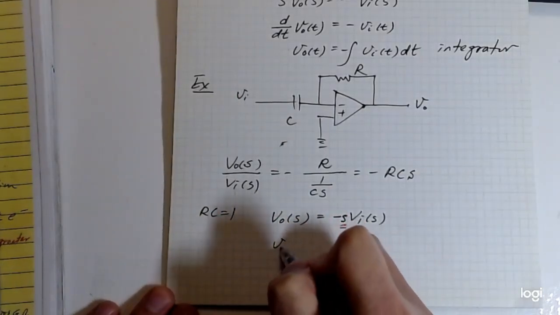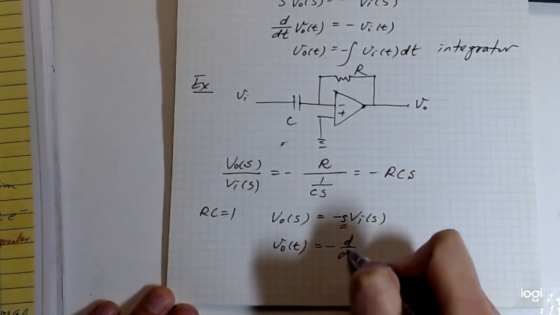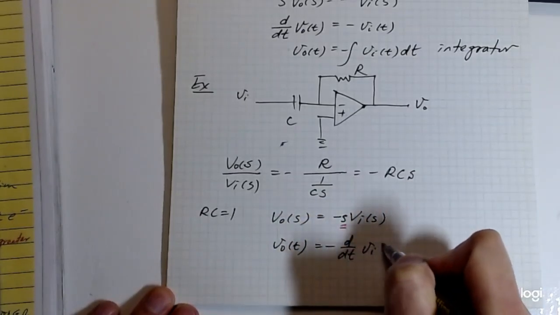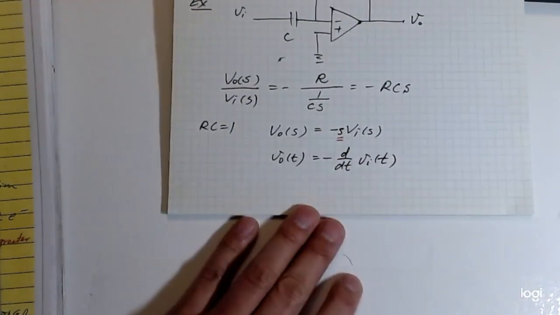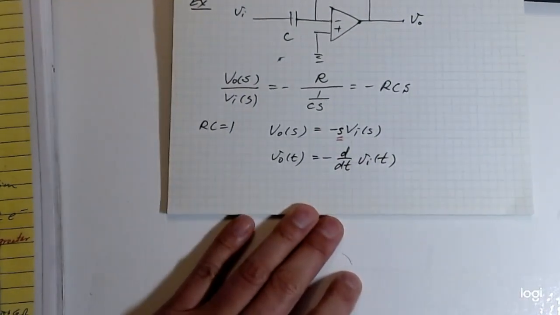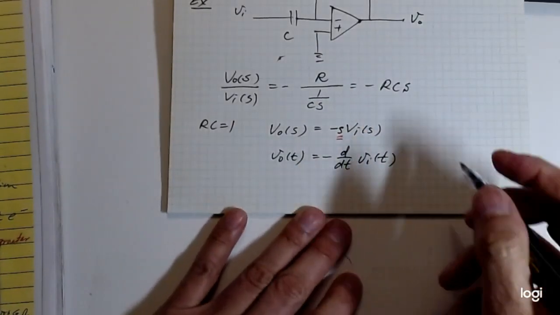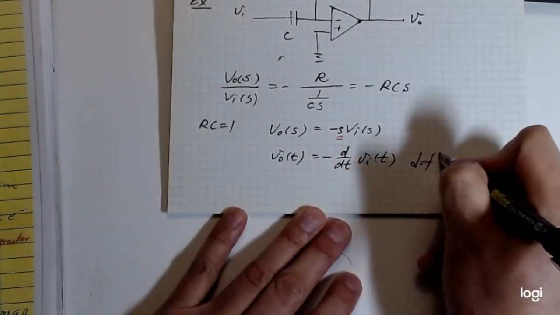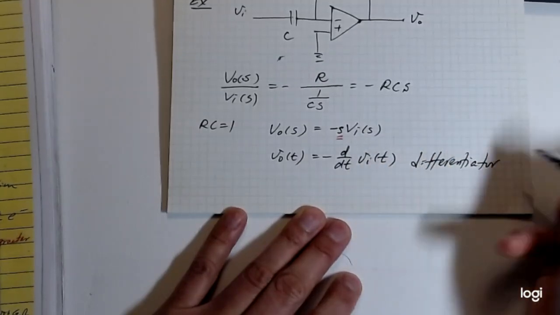So VO of t will be minus d/dt of VI of t. So what is this circuit for? This is a differentiator.